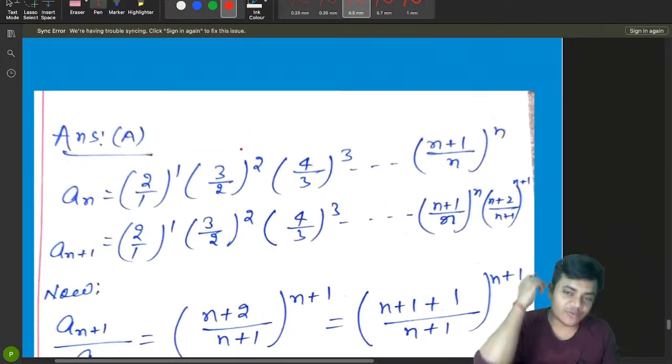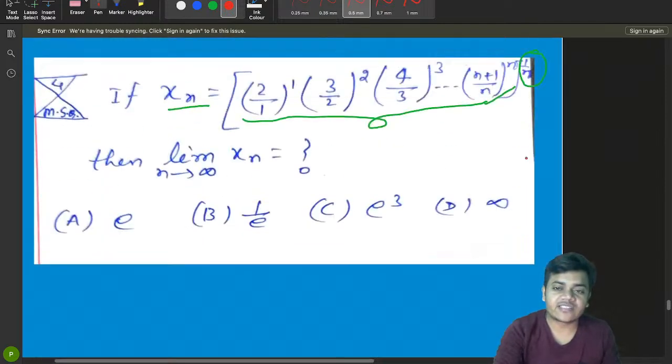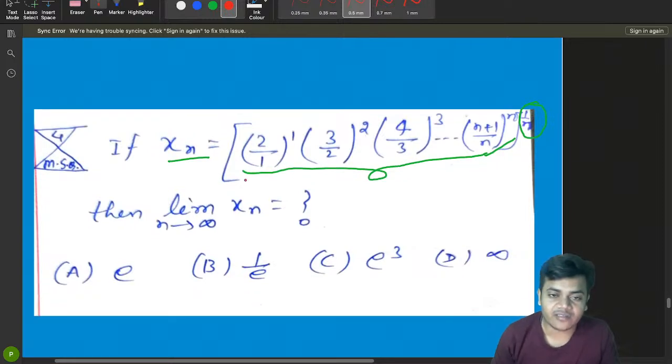So how is this going to happen? First of all, I have written this a_n. a_n is the nth term of the sequence, whatever the things were there. This is our a_n, raised to the power 1 by n. So this could be written as a_n raised to the power 1 by n, isn't it?